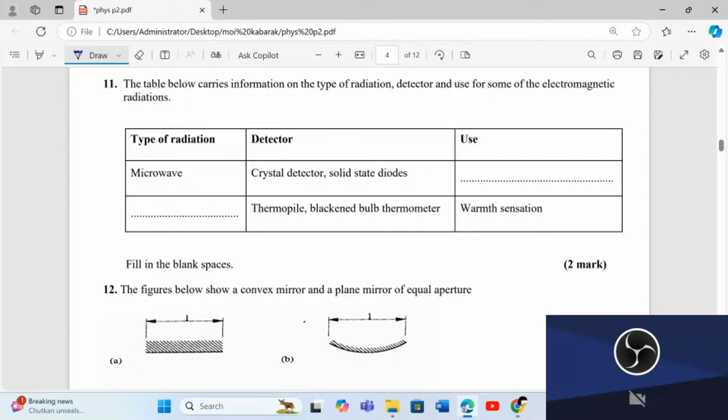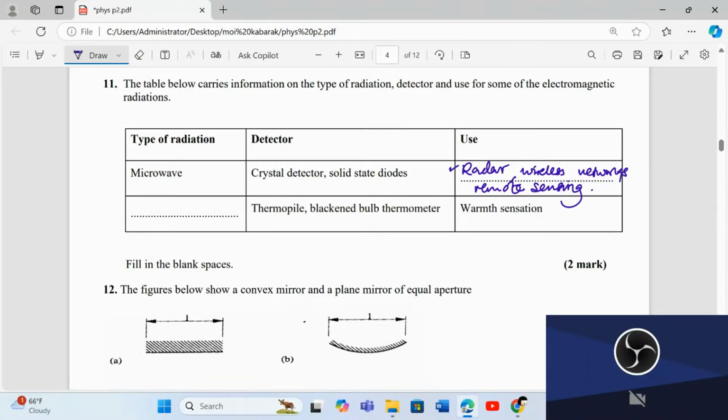It is used in radar, the one for identifying the distance of aeroplanes from the space or from the atmosphere towards the earth. It is also used in wireless networks sensing.